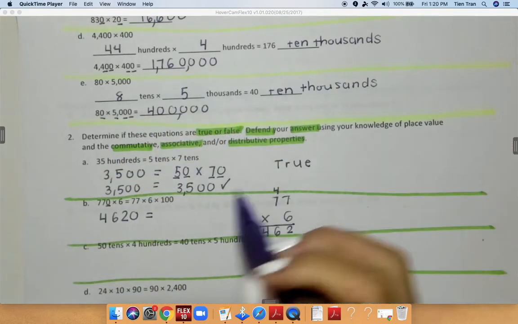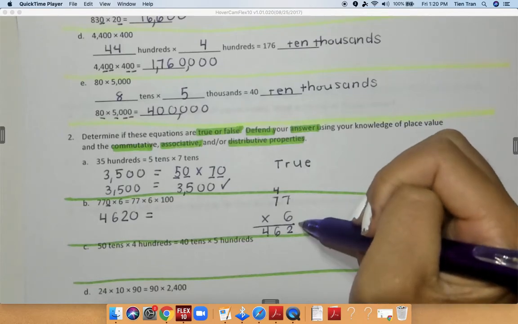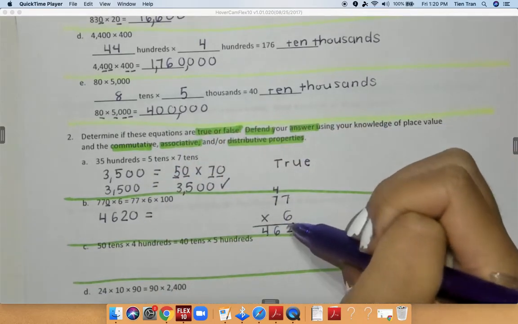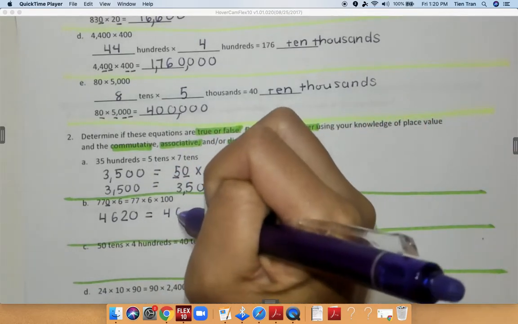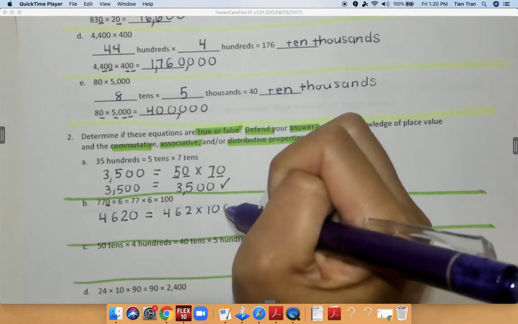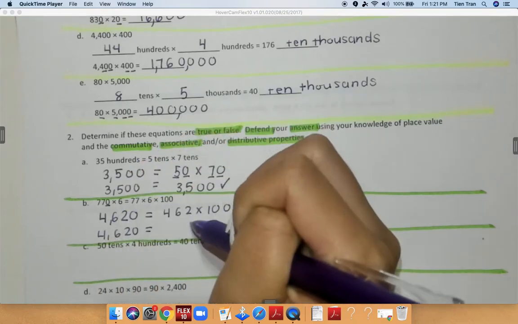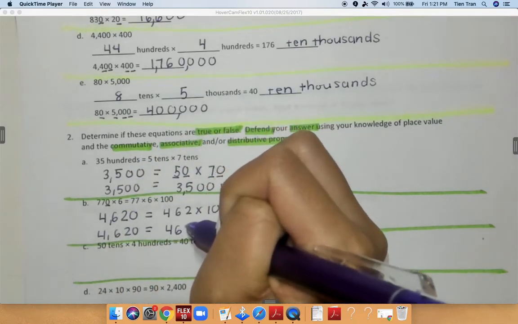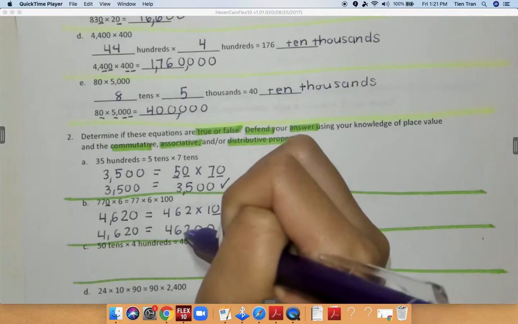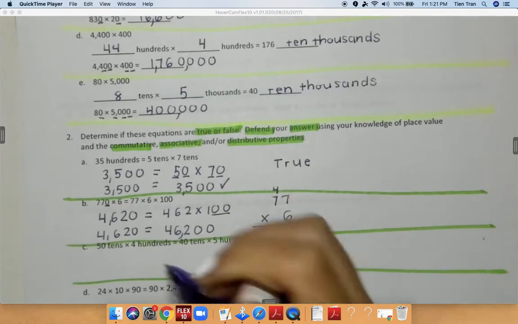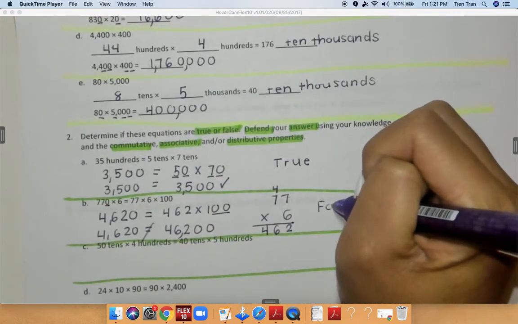Is that going to be equivalent to 77 times 6? We know that 77 times 6 is 462, and they want me to multiply that by 100. So let's see if they are equivalent. 462, add my 2 zeros at the end, and they are not equivalent, okay? So false.